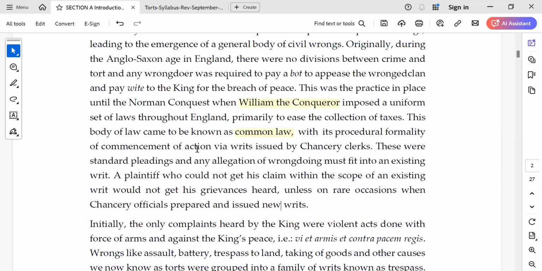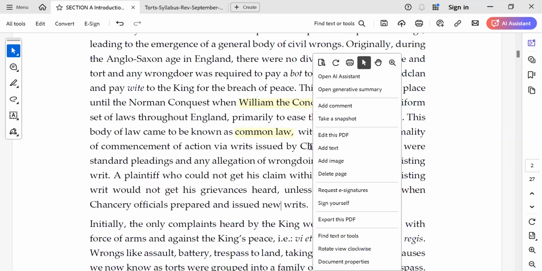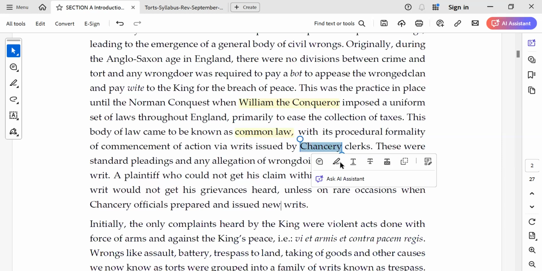with its procedural formality of commencement of action via writs issued by the chancery clerk. There used to be chancery courts also. Chancery courts are basically the place where they were dealing with cases on an equity basis.